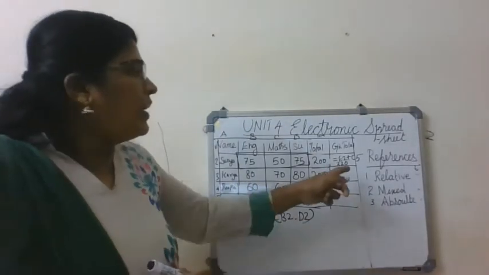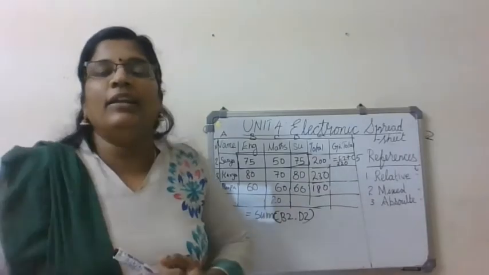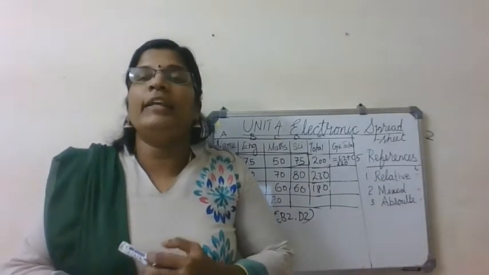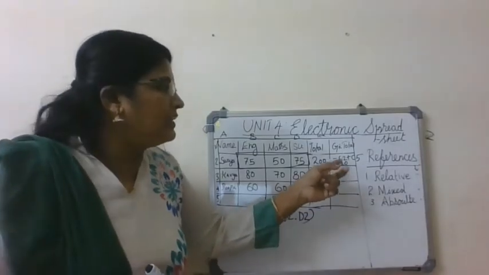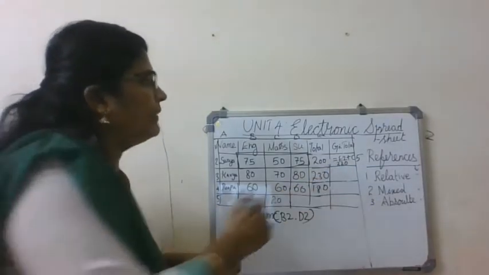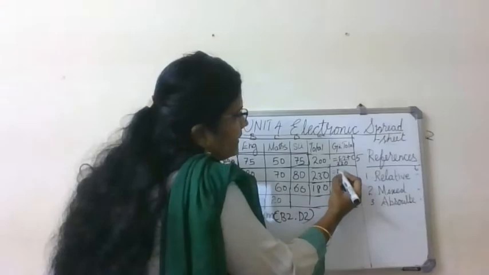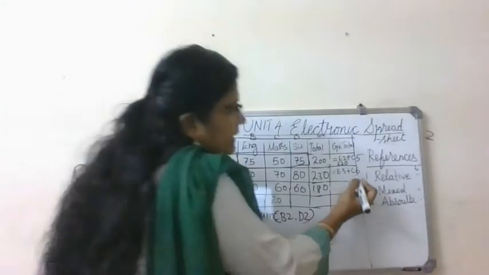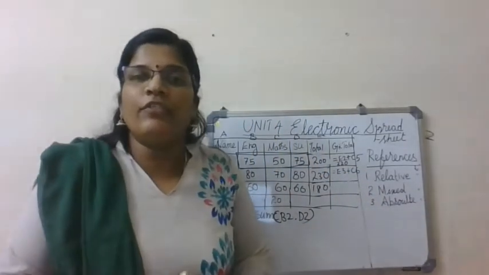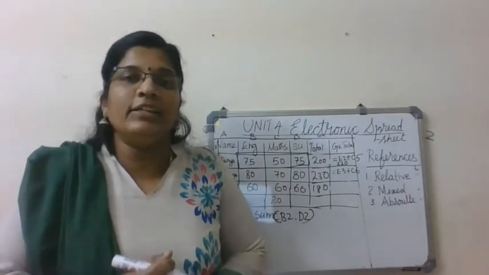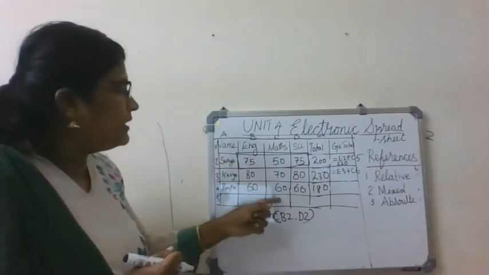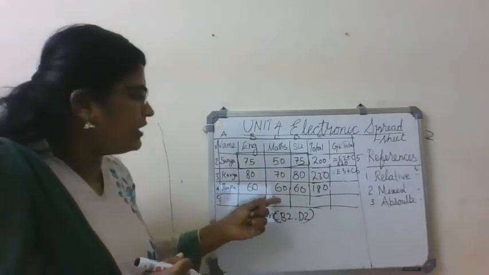Now what happens when I do a fill handle? That means a relative reference. In the next cell, the formula goes like this: equal to E3 plus C6, because in a relative reference, when it goes to the next cell, the cell address automatically changes.